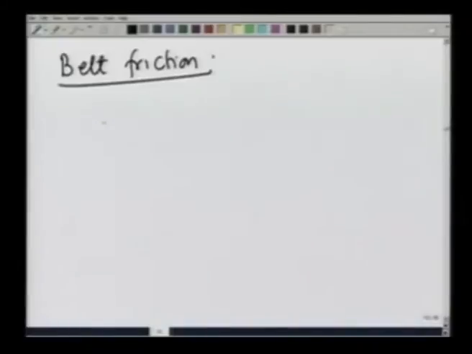Next, we consider a different kind of friction, a case which is known as belt friction. In this case, we consider a belt or a rope that goes over an object which is rough, so that there is a frictional force possible between them. What is the maximum possible value of this frictional force?